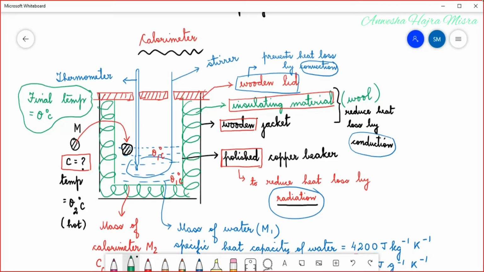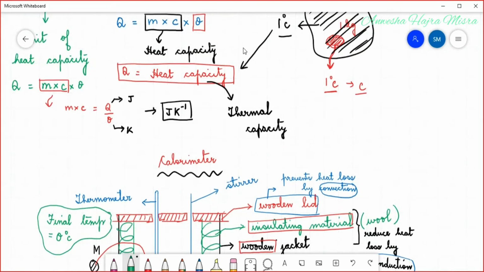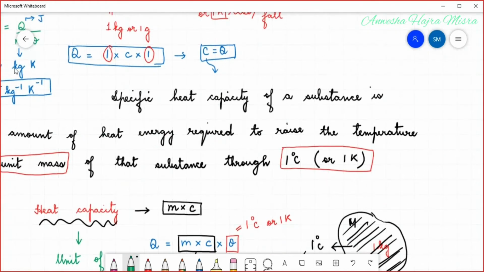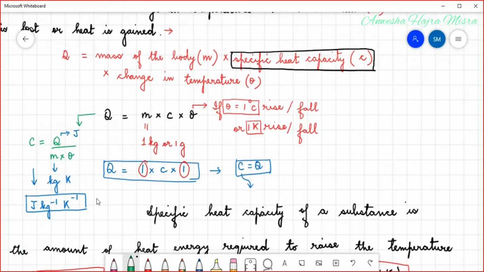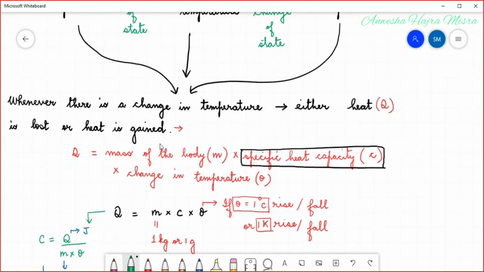Now we have studied that whenever there is a change in temperature, the heat lost or gained is m into c into theta: mass of the body into specific heat capacity of the body into change in temperature.